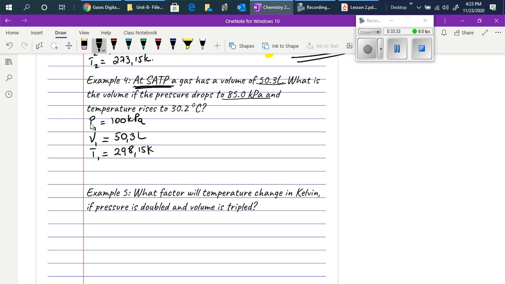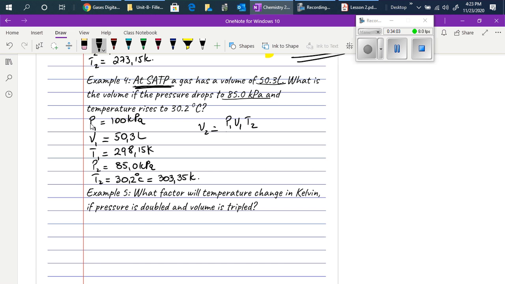Then pressure 2 is 85 kilopascal, and temperature 2 is 30.2 degrees Celsius, which in Kelvin is 303.35 Kelvin.